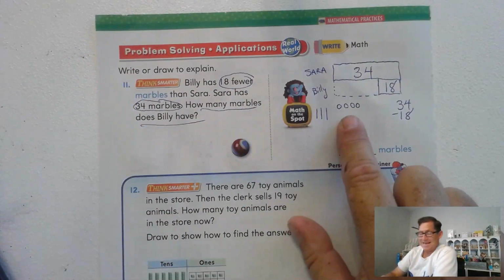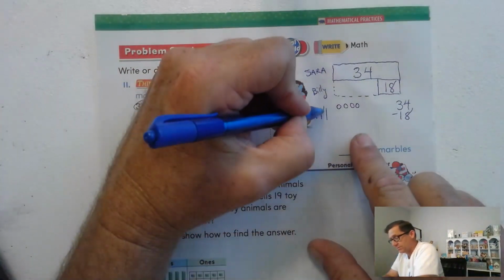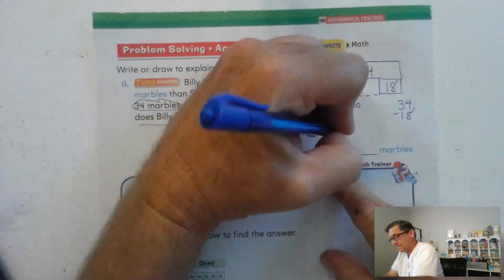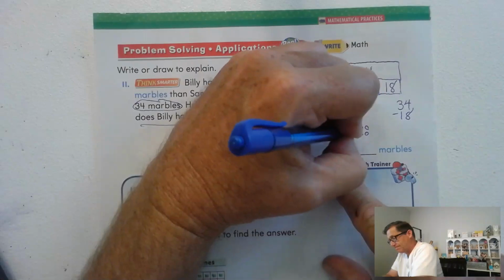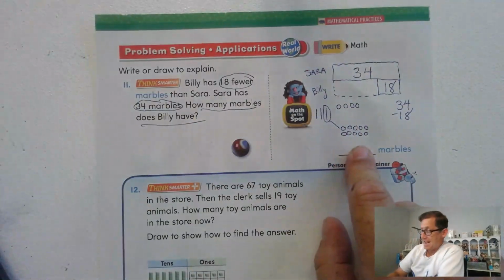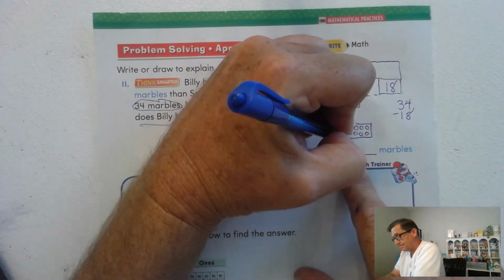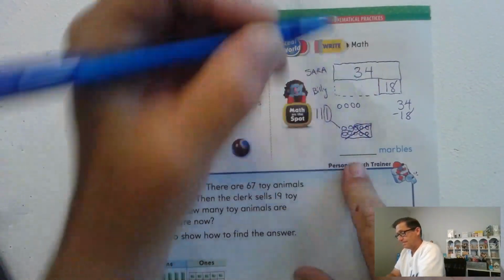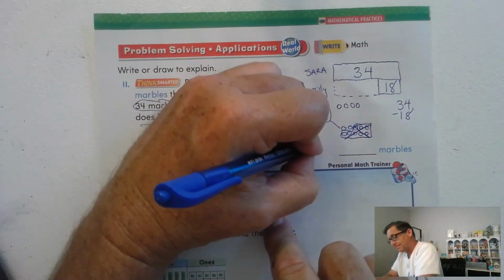Well, can I take 8 from 4? No. So we're going to trade one of the 10s for 10 ones. Okay. Now we can take away 8. Leaving us how many ones? 2, 4, 6 ones.